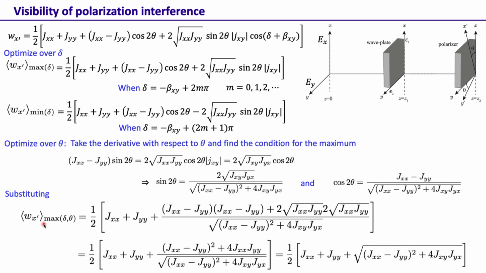So the maximum of Wx prime over delta and theta is half jxx plus jyy plus the square root of jxx minus jyy whole square plus 4 jxy jyx. And again, this jxy is the quantity we are after. That's the correlation between the field vibrations in the two different directions.